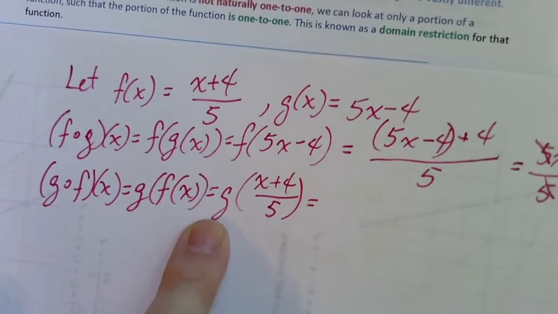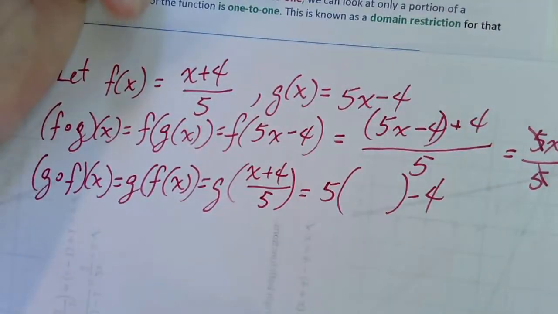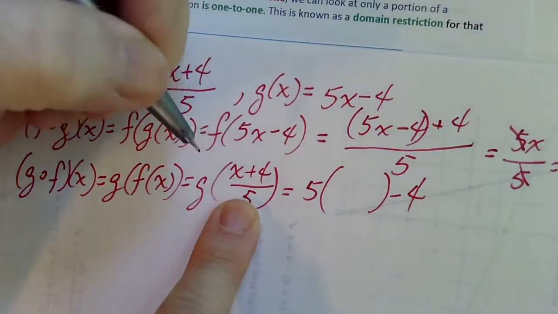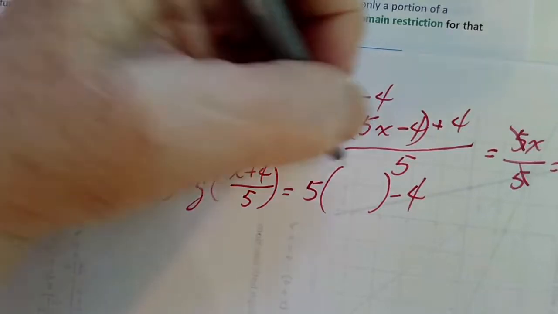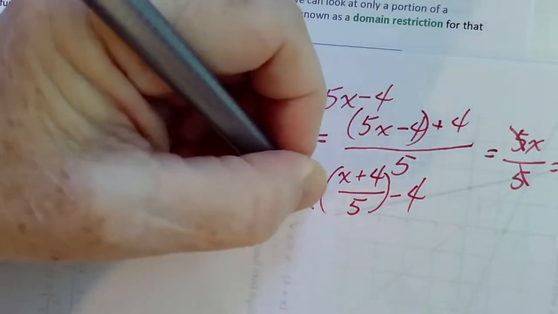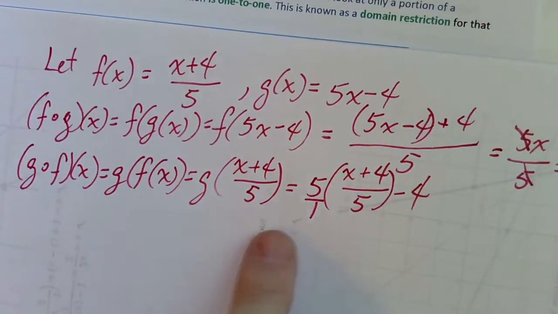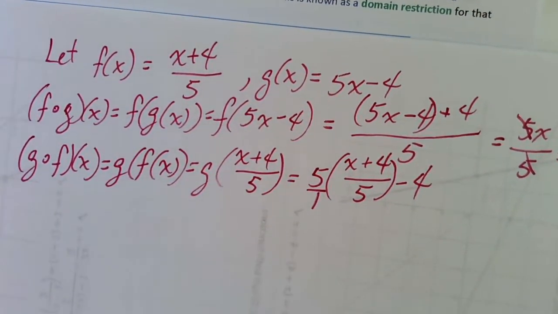And the formula for g is 5x minus 4, and I'm going to put f of x in for x, x plus 4 over 5, and I'm going to make that 5 look like a fraction so that I can more easily simplify.